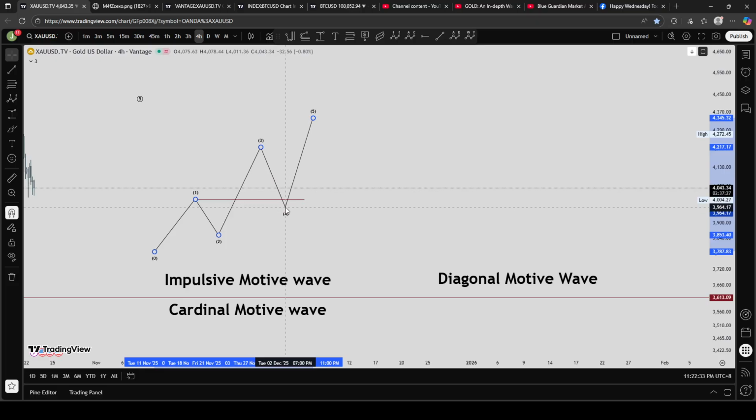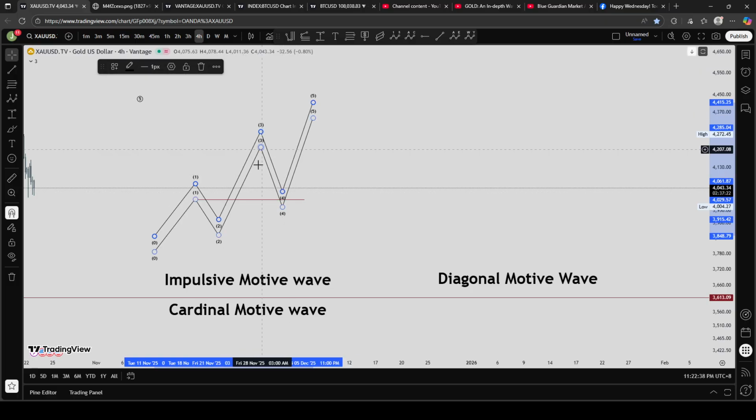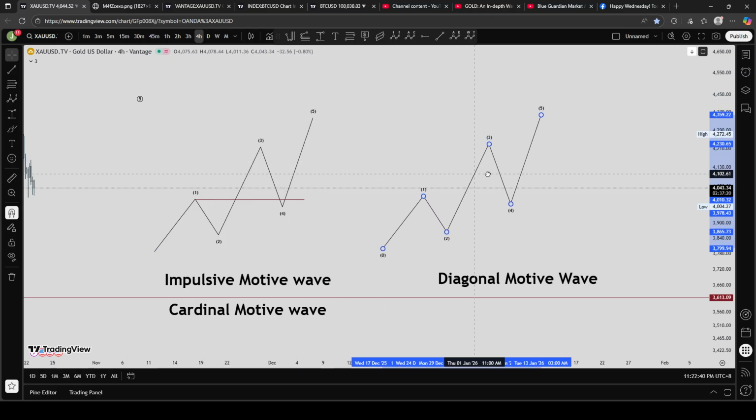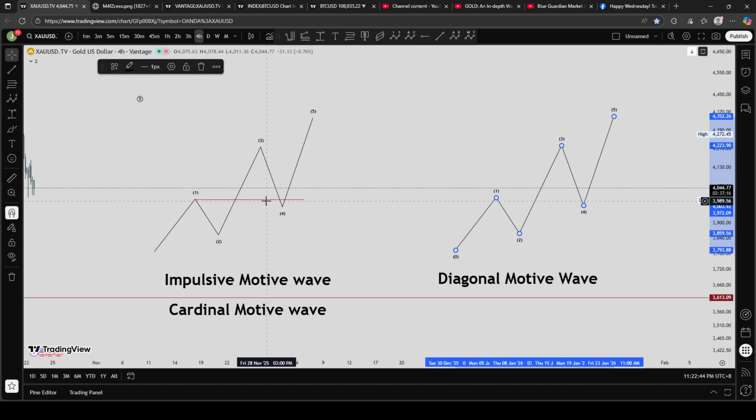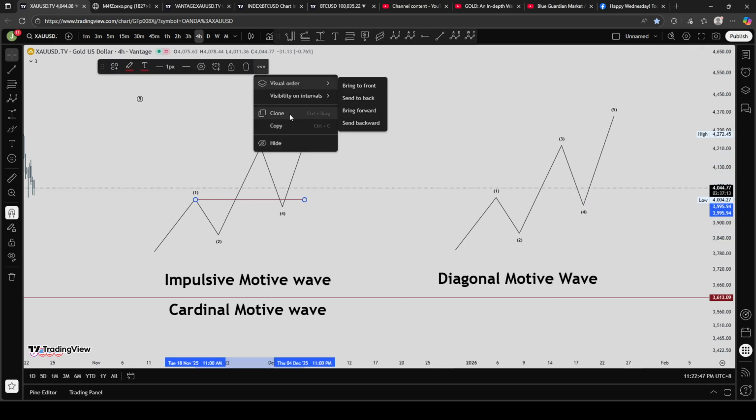Because if that happens, then we will no longer consider it an impulsive motive wave. Instead, we will call it a diagonal motive wave.